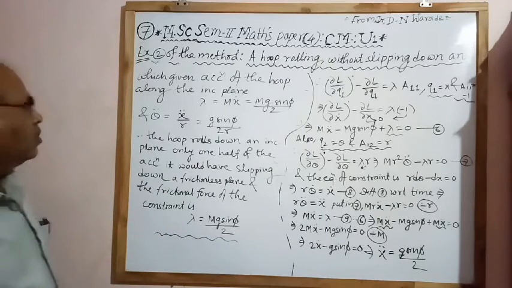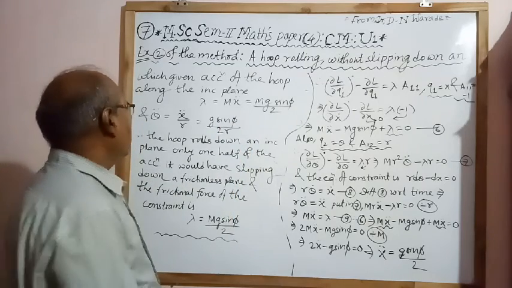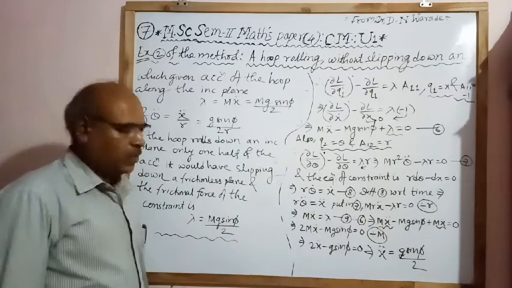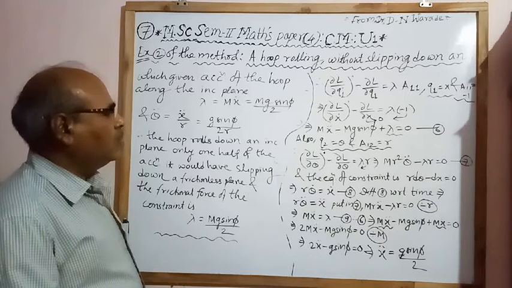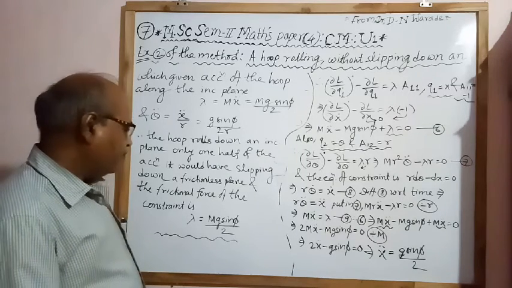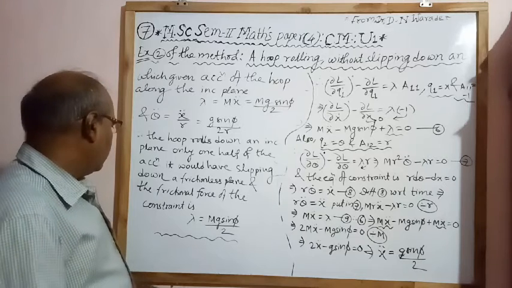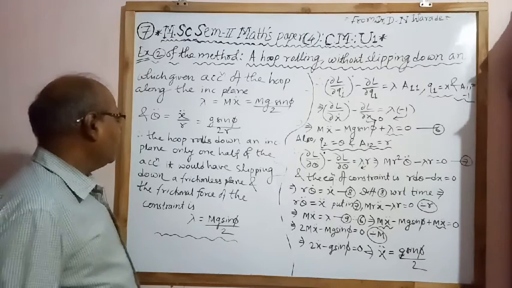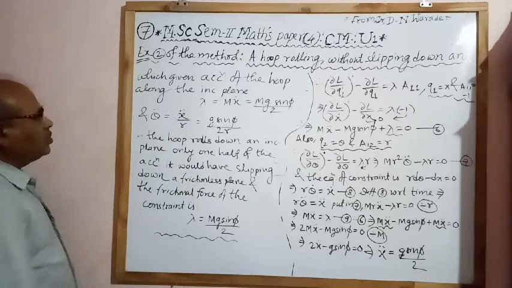This is about the hoop rolling without slipping down the inclined plane. The equations of motion are given by these equations 6 and 7. So the acceleration and the value of lambda are given by these equations.